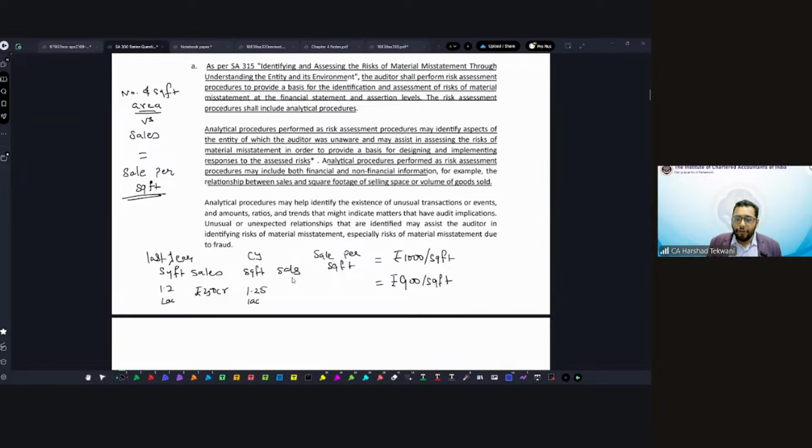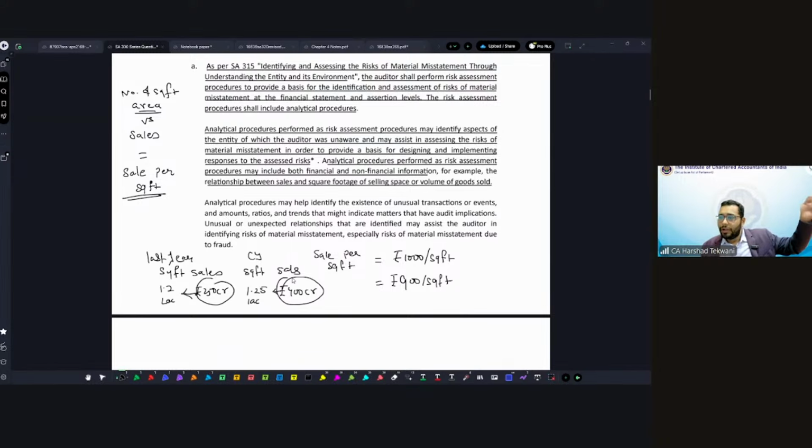But the sales, instead of 250, are now 400 crores. See, by doing this analytics, you can understand the sales are no longer dependent on the square feet, or there is something unusual in the sales.